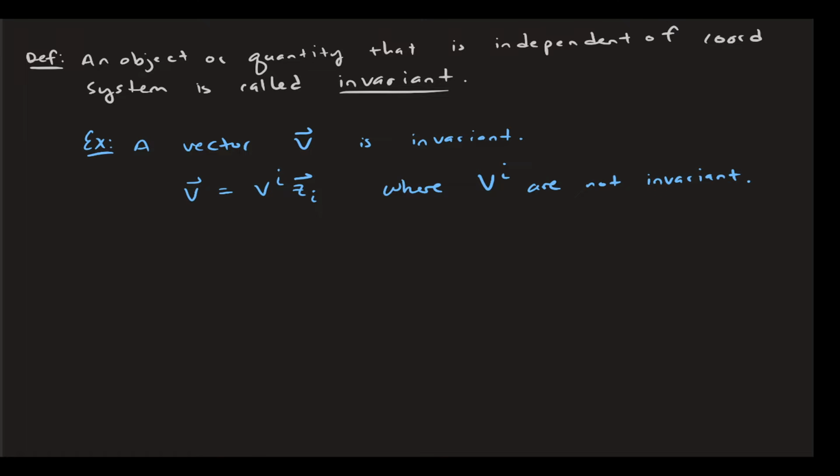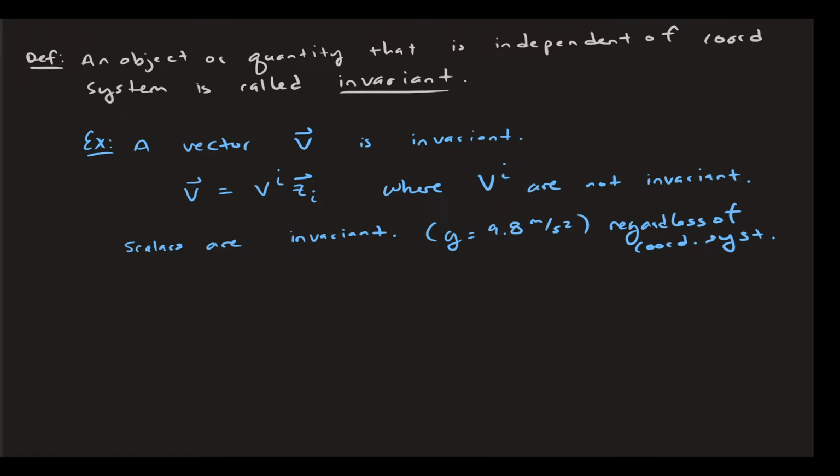Also, scalars are invariant, like the gravitational constant. If you were to say gravity g equals 9.8 meters per second squared, that holds regardless of coordinate system. So things that are scalars are invariant. They have no indices, basically.